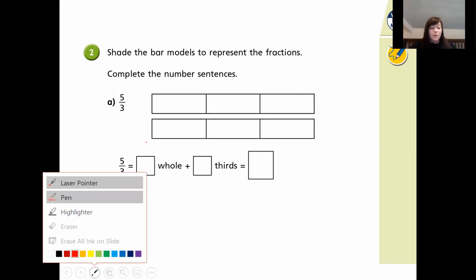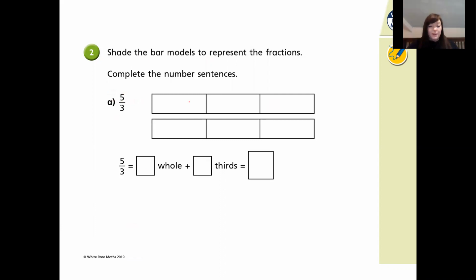Good. So you should have 1, 2, 3, 4, 5 coloured in, because it's asked you for 5/3. And then you can do that to work out how many wholes and how many thirds you have. So have a look at your bars and how many are completely coloured in.